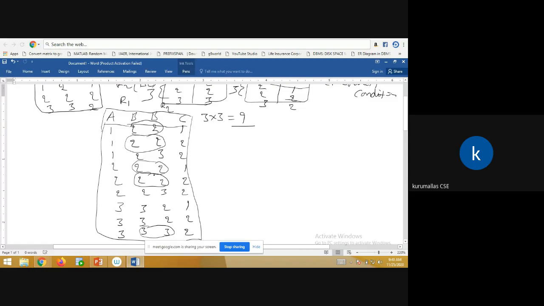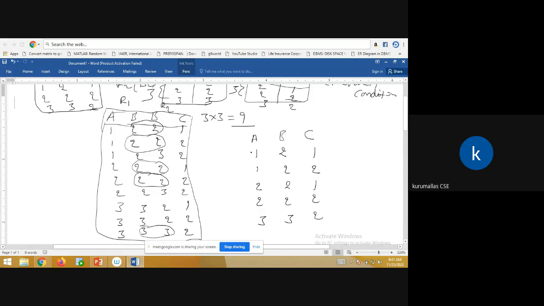Finally we select all of these. The table after applying the condition A B C is: 1 2 1, 1 2 2, 2 2 1, 2 2 2, and 3 3 2. This is the resultant table.